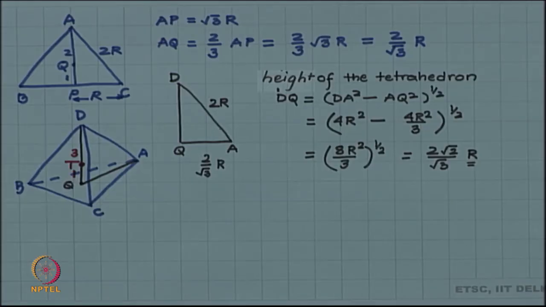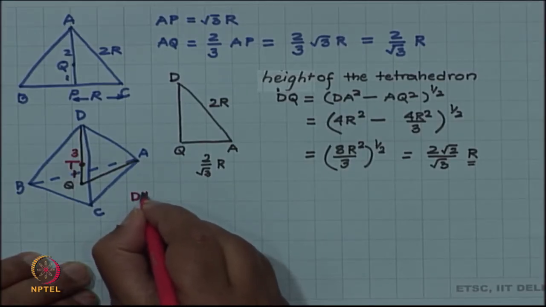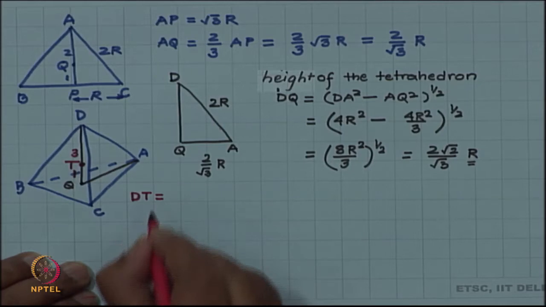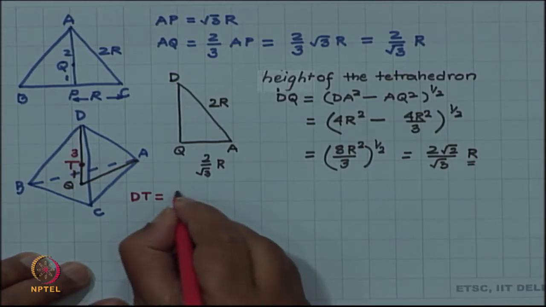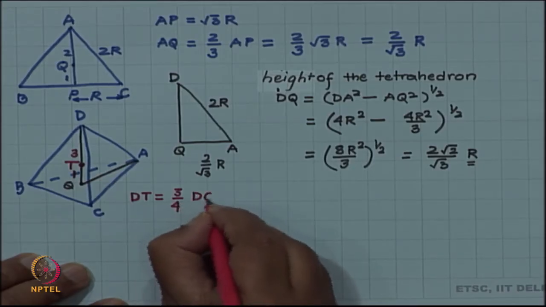So, DT will be 3/4 of the height of the tetrahedron DQ.